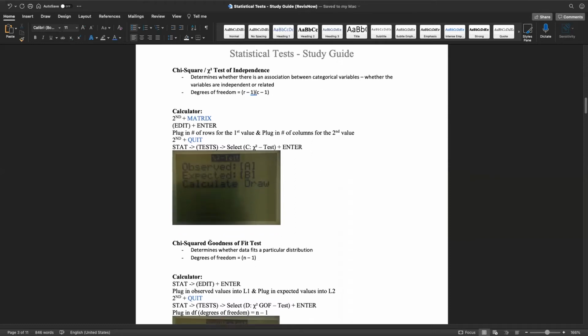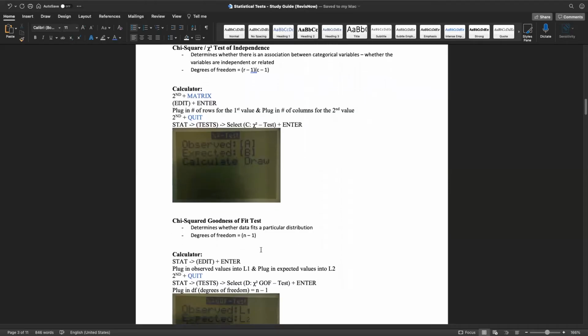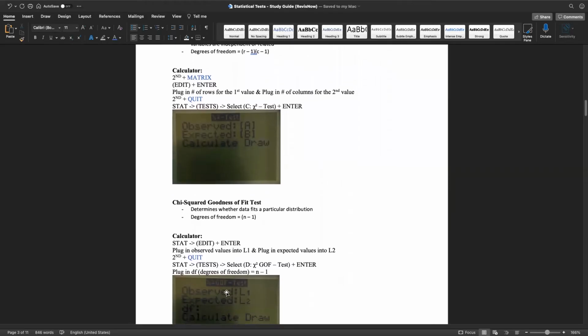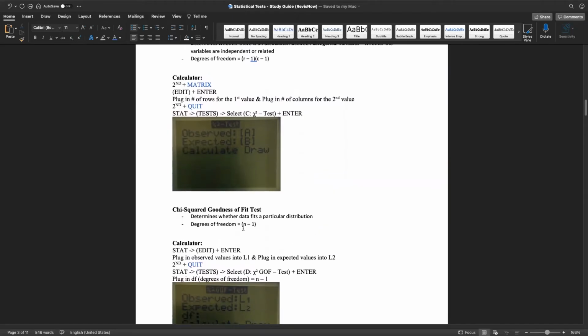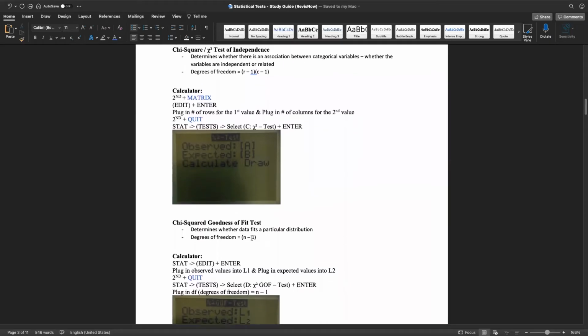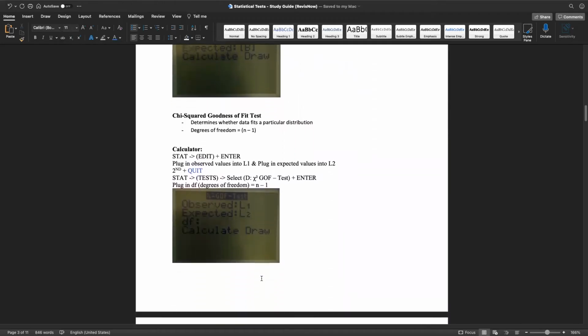And then the chi-squared goodness of fit test. This one, same thing, but actually no, it's not the same thing. You use another test, and the degrees of freedom is a different formula. Instead of testing for association, it's testing if the data fits a particular distribution, like for example normal distribution, binomial distribution, etc. And then these are the steps.